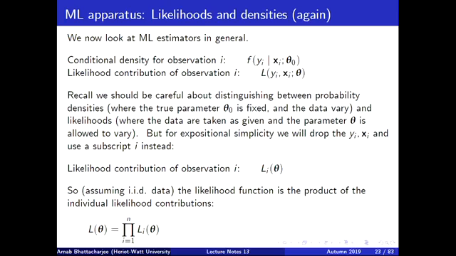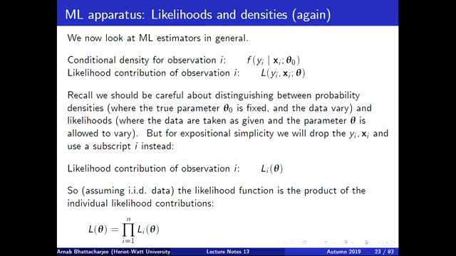You may have yi, xi together there, and just this theta here. And the likelihood contribution has the same expression, but is interpreted now as a function of this theta. Okay? So likelihood contribution, we are going to simplify the notation and just call it Li(theta).